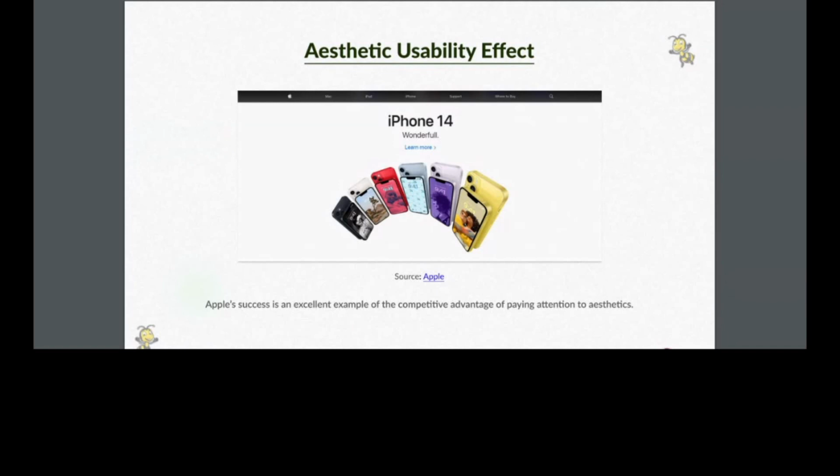Apple pays attention to even the closest effect that is meant to make their product stand out. And this is why they keep having increased amounts of users year after year, even as they keep on releasing more products and more updates. So this is a very perfect example of the competitive advantage when we pay attention to aesthetics.